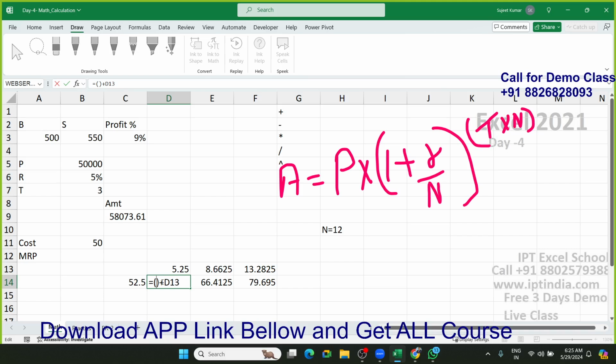Once again, delete C14 and paste the formula. Now delete the C14 and check: if your result changes, it means you made a mistake somewhere, so press Control Z and start again. We deleted it and there is no change, so my formula is correct.